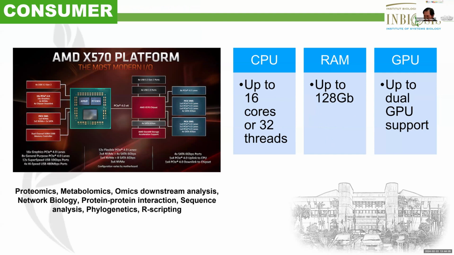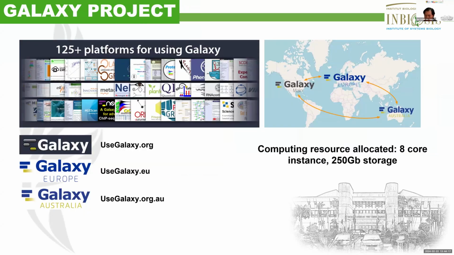Then we also have smaller systems that mainly focus on sequence analysis or simple R scripting to do our bioinformatics. Apart from that, we have quite a good freely available resource called the Galaxy projects.